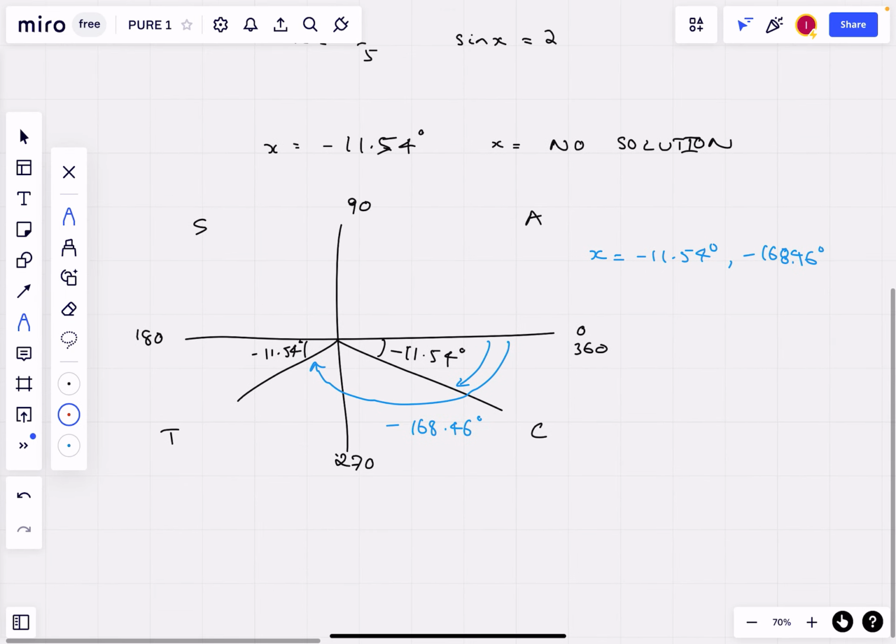That red arrow goes past 180. So our two solutions are minus 11.54 and minus 168.46. I hope that made sense, but that's essentially what you're going to do. You are first going to solve, then you're going to use your CAST diagram to work out all the solutions.